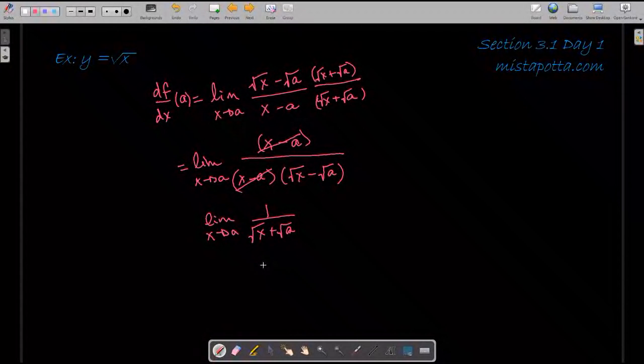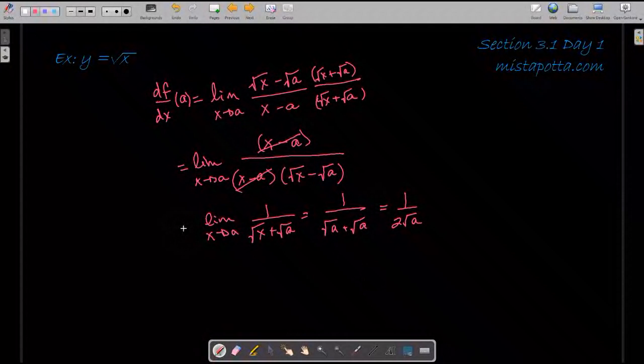And in this situation, I can actually substitute a for x. So I end up with 1 over radical a plus radical a, or 1 over 2 radical a.